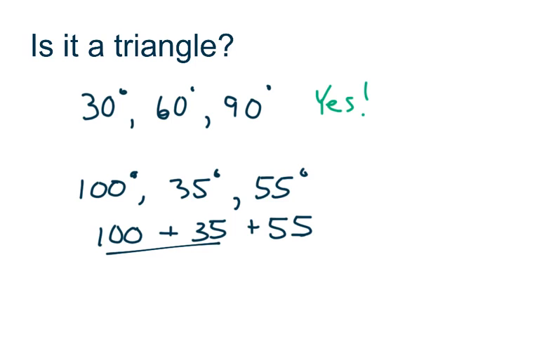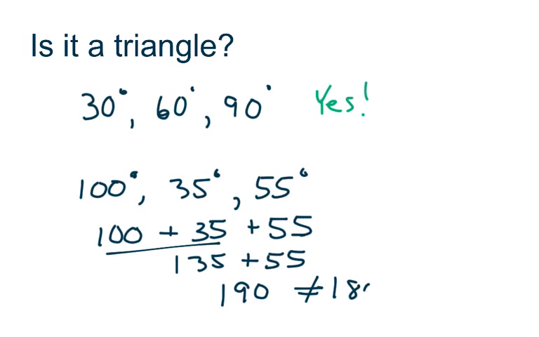We'll take 100 plus 35, which is 135, plus 55 more. And when we take 135 plus 55, we actually end up with 190 degrees. And of course, we know that doesn't equal 180, and 180 has to be the number. That's our special number with triangles, of course. So in this case, we could simply go back and say, no, we do not have a triangle if the angles are 100 degrees, 35, and 55 degrees. So that's one of the first things we can do with this theorem.